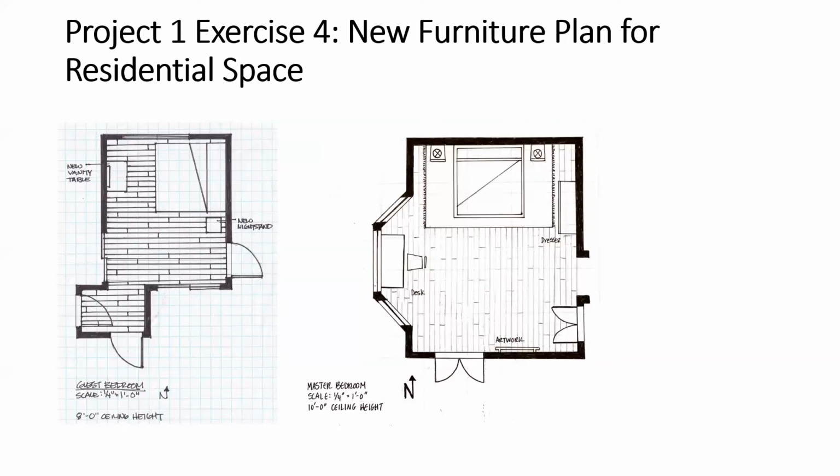The one thing, though, that I do want to draw your attention to that I would change is I would connect the text for things like desk, dresser, and artwork. Connect those to the object with a leader line like you can see in the example at left, because having them float out, not quite next to or not on top of what they're referring to and not connected by a leader line, makes it so that the viewer has to spend a little bit more mental energy trying to connect those labels to the object.